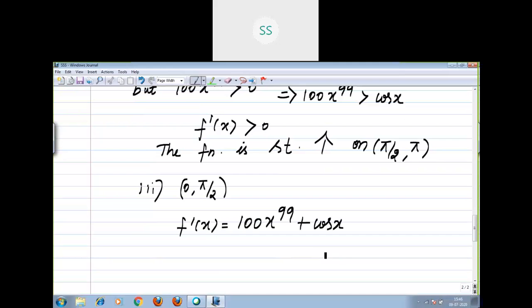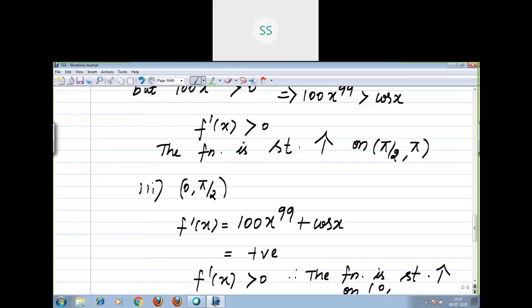Cos x is in the first quadrant. So positive plus positive will arrive as positive, f dash of x greater than 0. Therefore, the function is strictly increasing on the open interval 0 comma pi by 2.